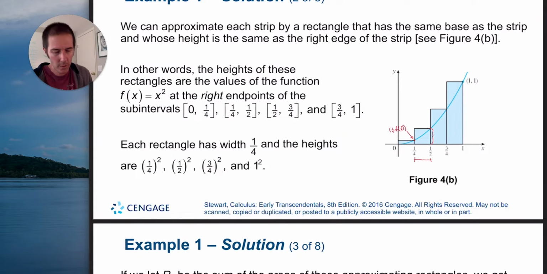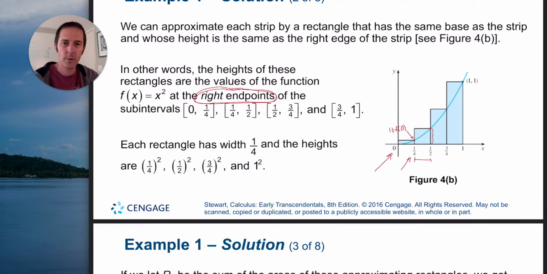All right, so the author is saying, notice, I said that we're going to skip over this 0th x value, and we were going to use the 1/4 in order to determine the height of that first rectangle. That's what the author is going to refer to as right endpoints.